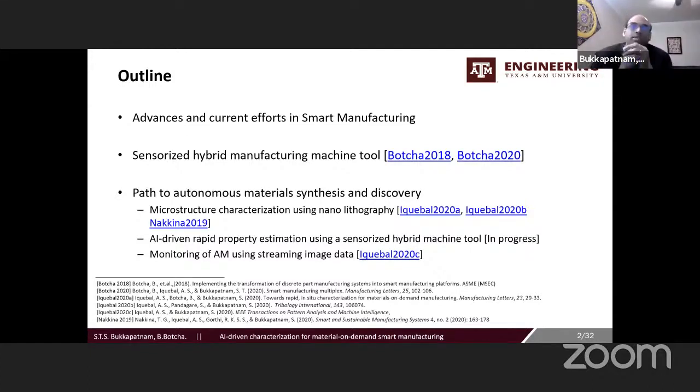So the overall presentation will involve virtually 2 parts. My initial introduction hopefully will set the stage for understanding the nuances of some of the technical details that Bhaskar would present.